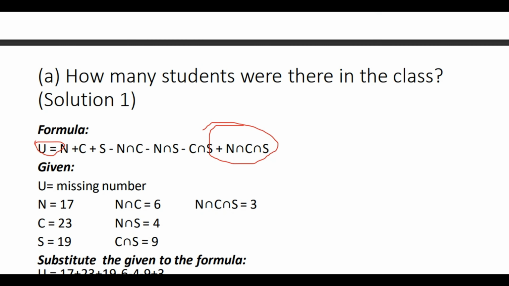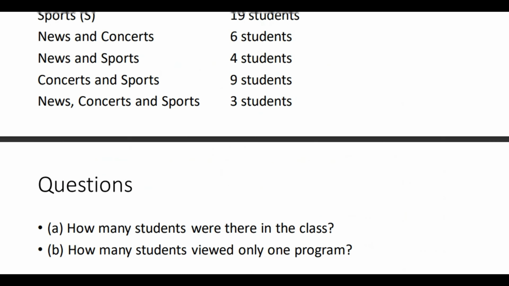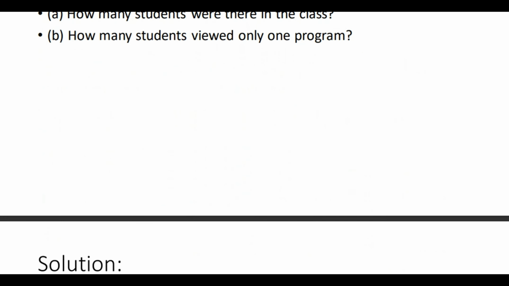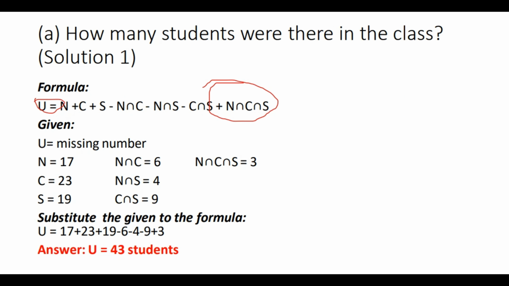So for the given, which are here: N 17, C 23, S 19, N intersection C 6, N intersection S 4, C intersection S 9, N intersection C intersection S is 3.